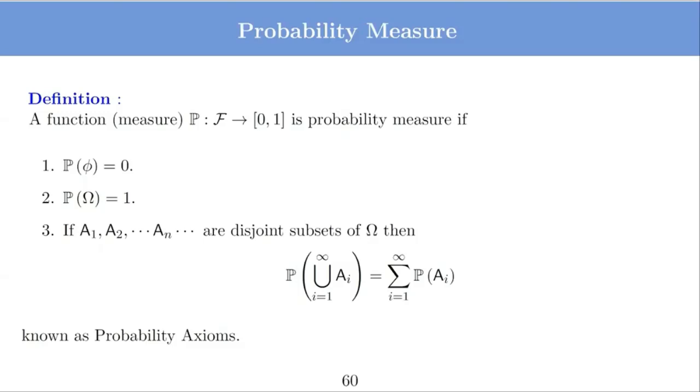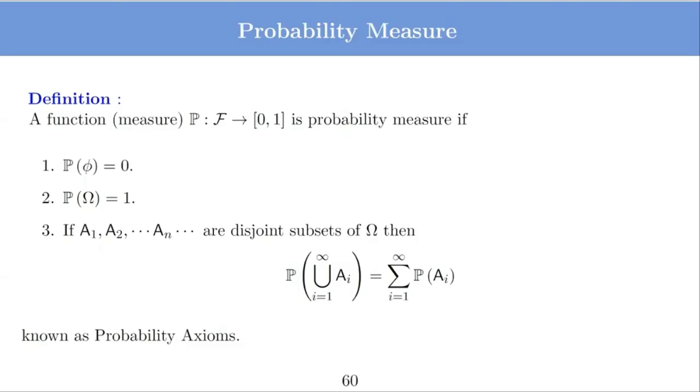From this property, it is not immediately clear to some of us why the bigger set has a bigger measure. Why do I say that if there is a subset of omega, then it should have a measure value less than the measure of omega?